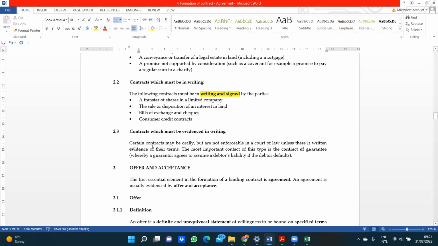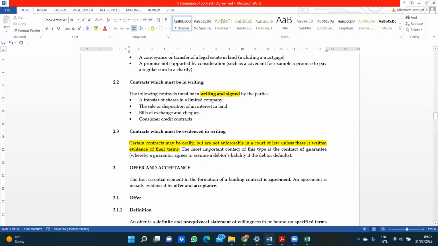And thirdly, there are some contracts that can be oral, but there has to be evidence in writing. Some contracts may be oral, but they are not enforceable in court unless there is written evidence of their terms. Because for these contracts, you have to have some evidence of their terms. So they can't just be oral, it has to be written and signed as well.